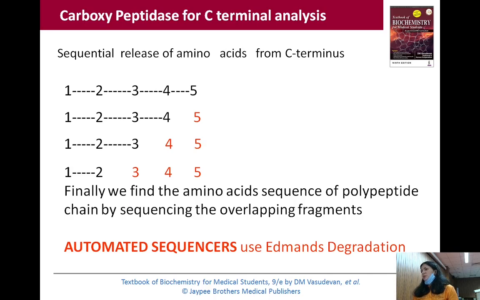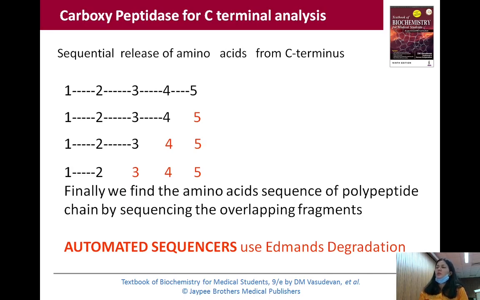Okay, so you can sequence the amino acids either from the N-terminal or from the C-terminal end by using different reagents. But if you do the sequencing without breaking the polypeptide chain, it will take lots of time. So you have to break the polypeptide chain to get the overlapping fragments.